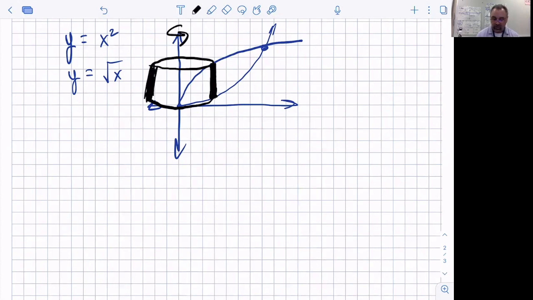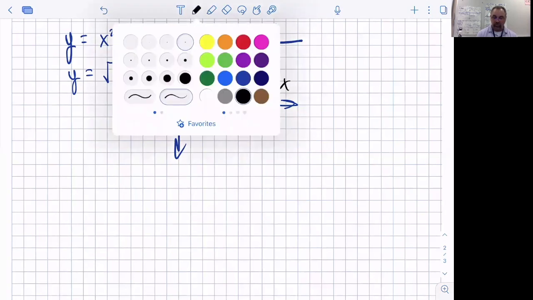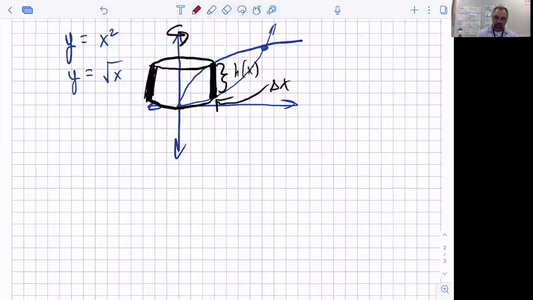Notice that the thickness here is some distance along the x-axis. The length of the shell, the height of the shell, whatever you want to call it, we're going to want in terms of x. The trickiest part here is the radius itself. How far is that average radius from the axis of revolution over to the shell partition?